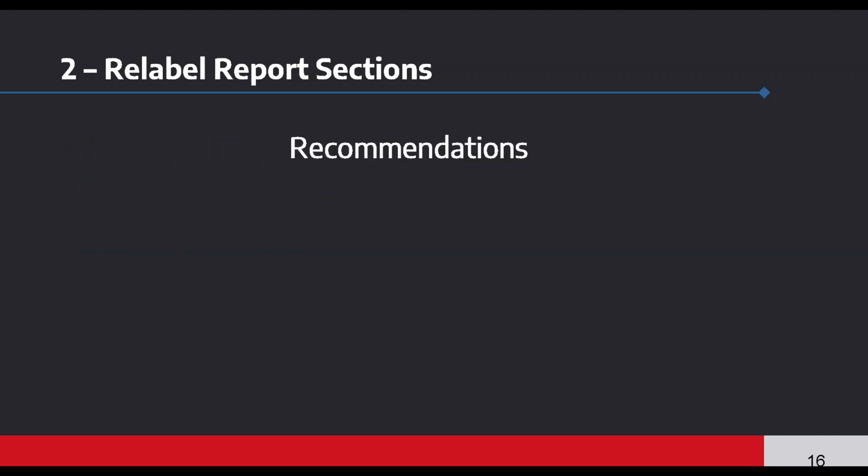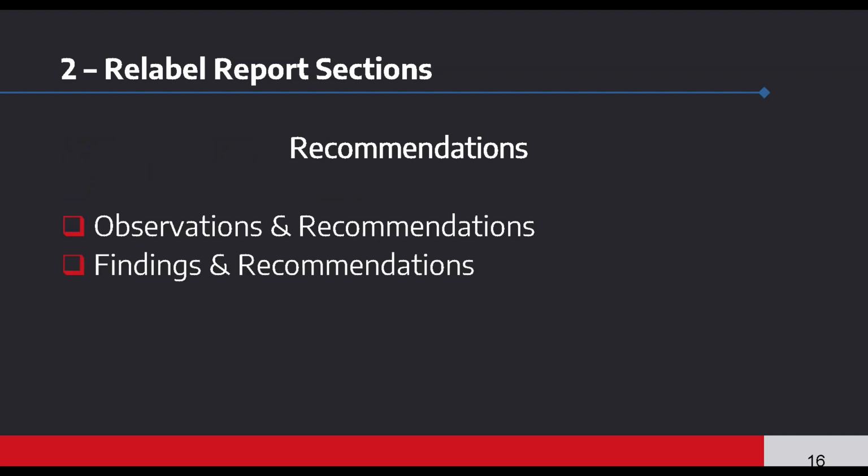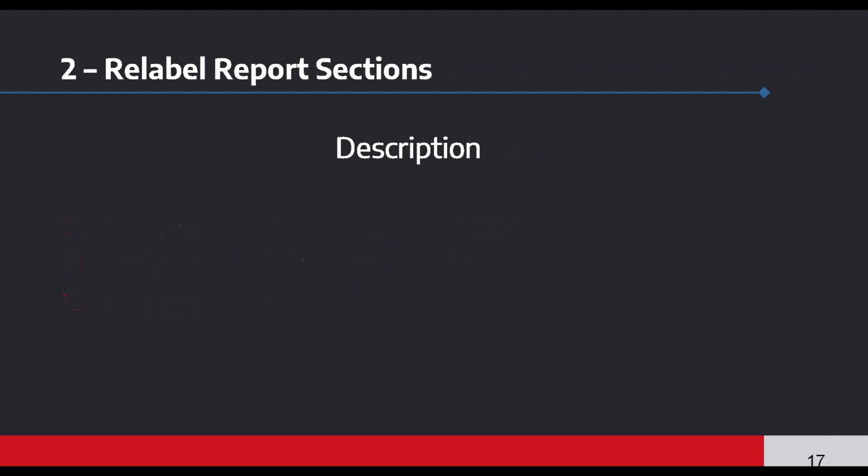If you were considering making this change, some of the suggestions that we have are observations and recommendations, or, a little less wordy, findings and recommendations. I've also seen deficiencies and notes. When it comes to the description, in my personal experience, I tend to consider it more of a general information section, right?